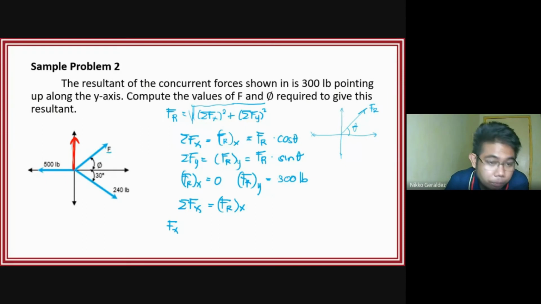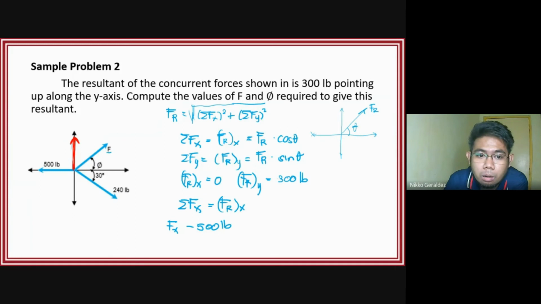Una, x component of force F, tawagin natin siyang Fx. The next, itong 500 pounds to the left, so that is negative 500 pounds. The next, 240 pounds to the right, yung x component niya.